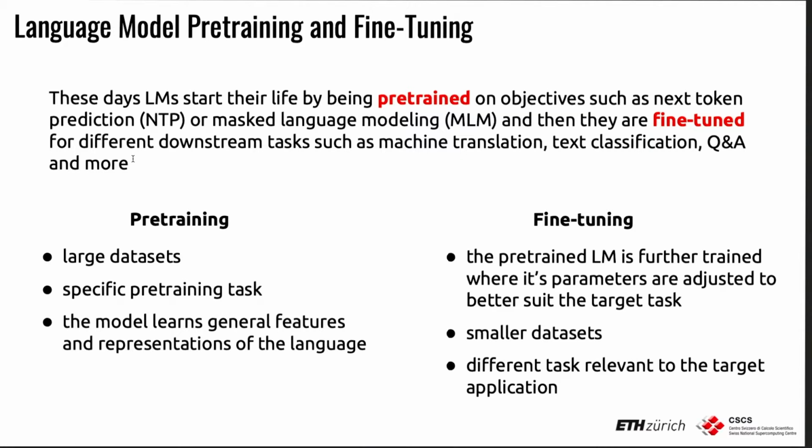It is that there is a paragraph like this, and you give it, let's say at the end of the paragraph you put a question, and then you train the model so that, given that paragraph and that question, it will give you two numbers that are the position in the string of where the answer starts and ends. So it would be, for instance, this paragraph plus the question, how do the LMs, the language models, start their life, and then it can give you, like, from here to here.